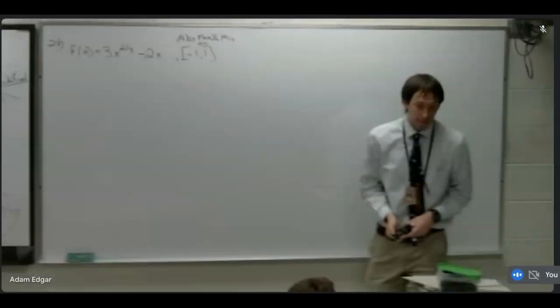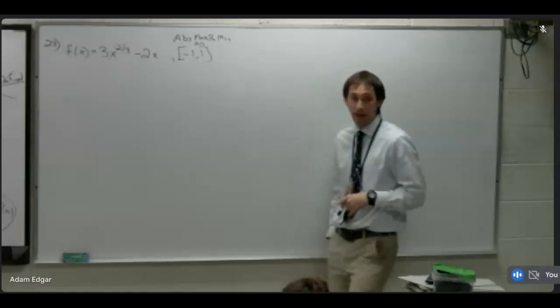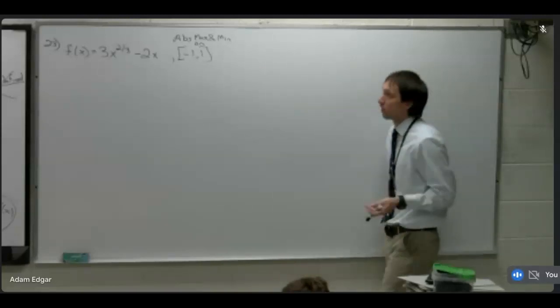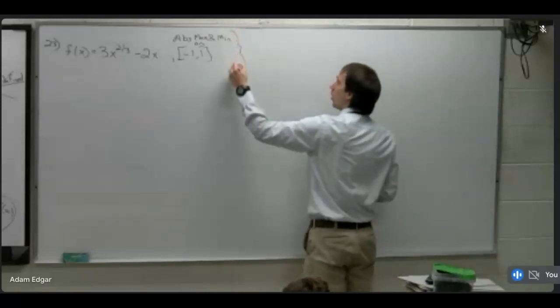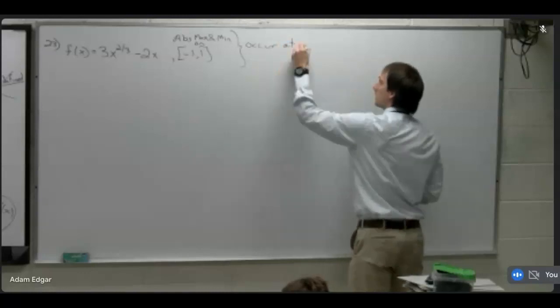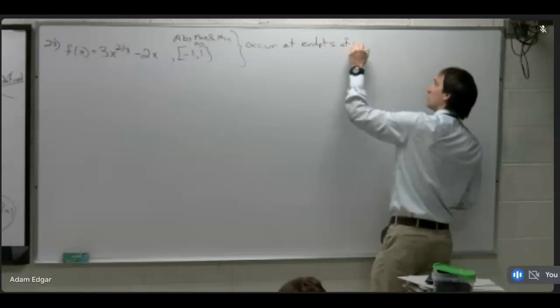Then, using that allows us to kind of figure out where we have absolute maximums and minimums on an interval for a function. So an absolute maximum or minimum always occurs at the endpoints of the interval or at critical numbers.